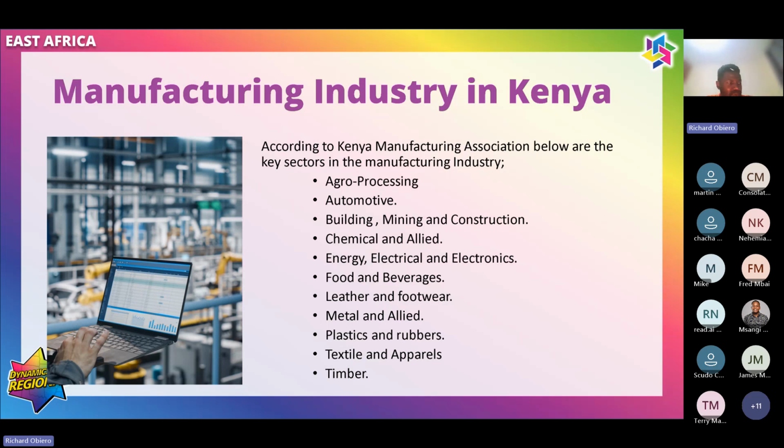So this is largely what is displayed on the screen right now. What we have is the industry classifications, from the Association of Manufacturers in Kenya. You have agro-processing, automotive, building, mining and construction, chemical and allied. We have energy, electrical and electronics, food and beverages, leather, metal, plastics, textile, timber.